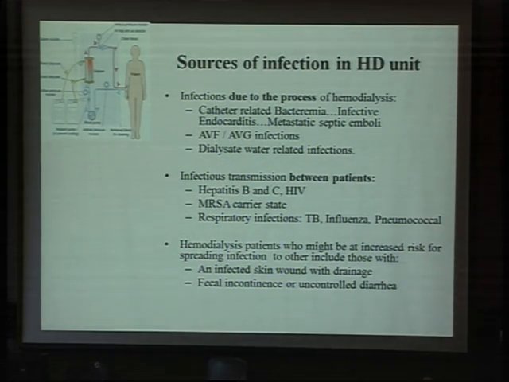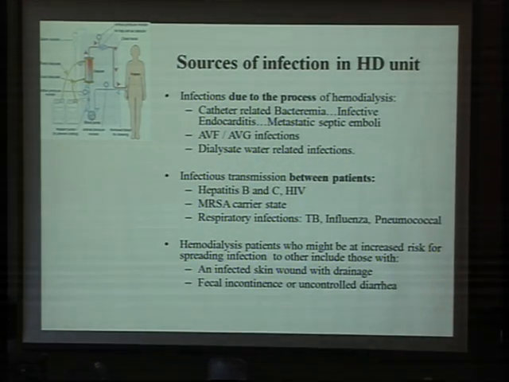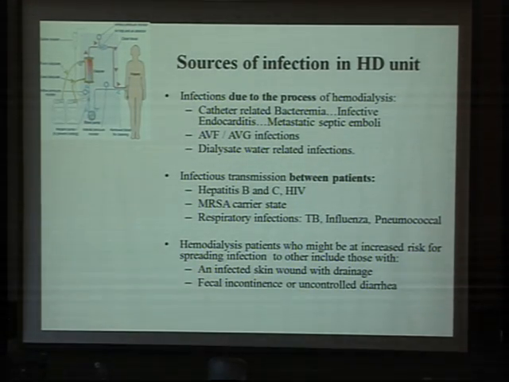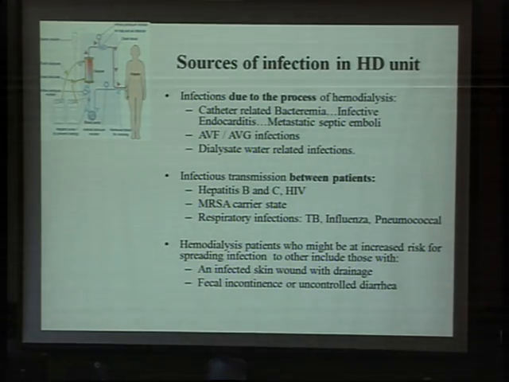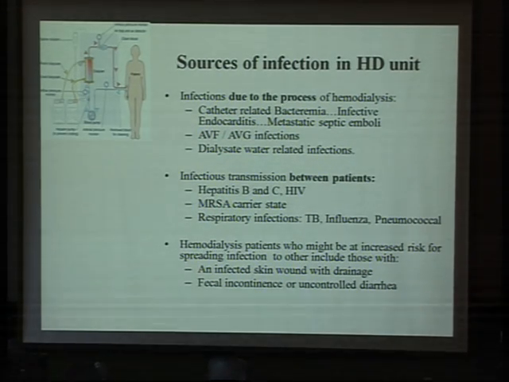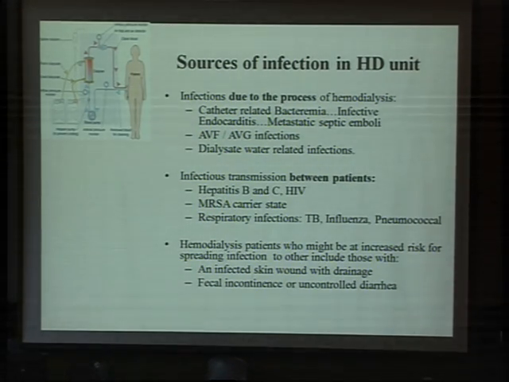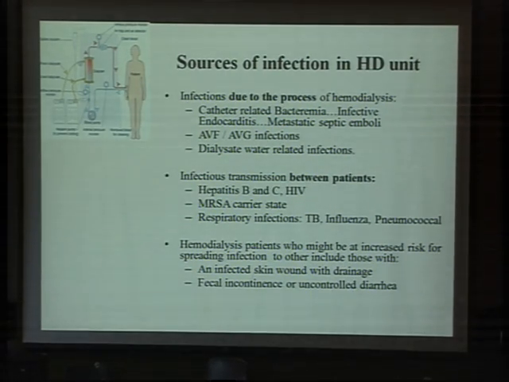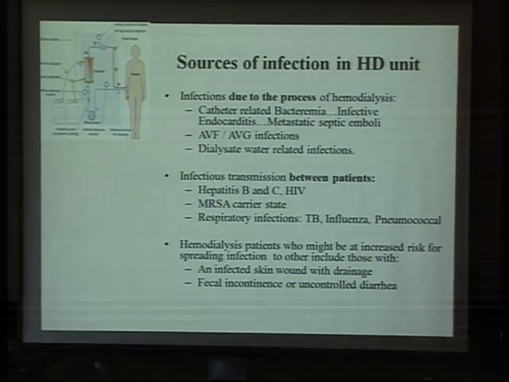What is the source of infection in the hemodialysis unit? Due to the procedure. The procedure is common through the process of hemodialysis, so we are dealing with vascular access problems and the dialysate water, or between patients through contact, a patient with a blood-borne pathogen or droplet infection also carrying the risk of transmission.